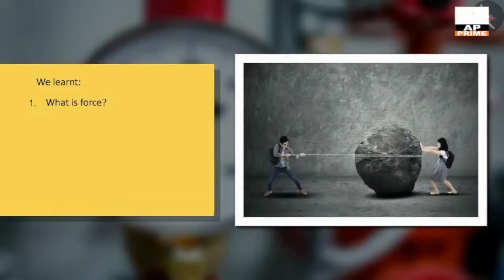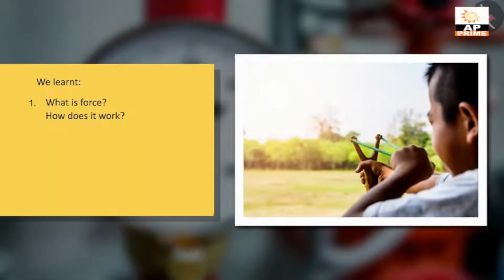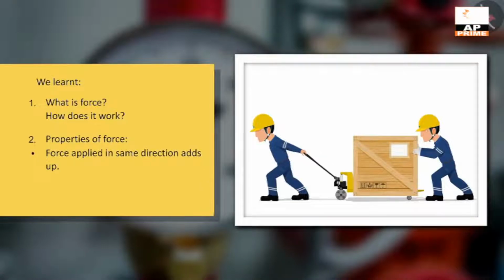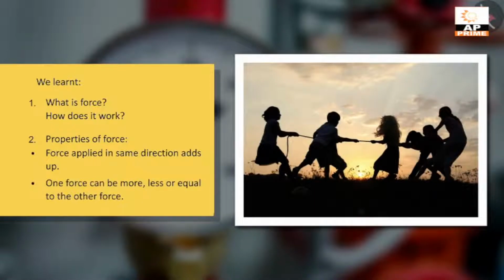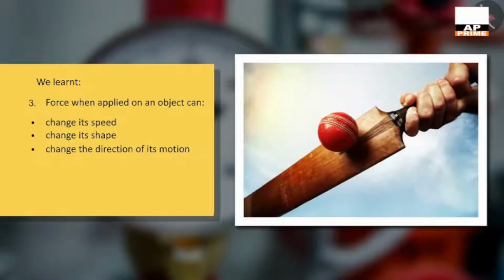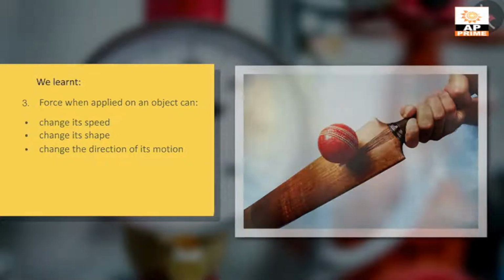We learned what is force, how does it work, properties of force. Force applied in the same direction adds up. One force can be more, less, or equal to the other force. Force when applied on an object can change its speed, change its shape, change the direction of its motion.